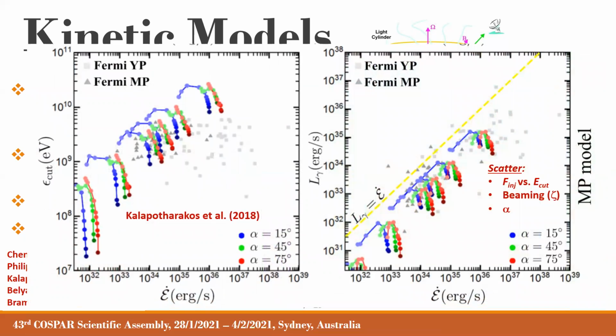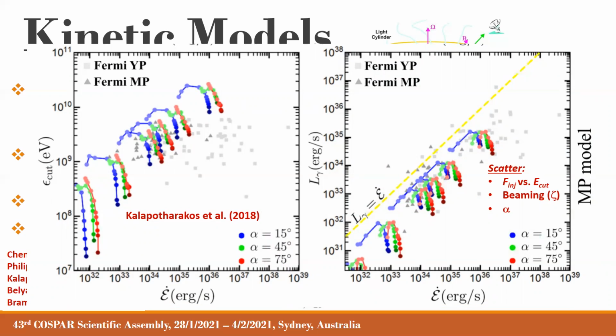This example from Galapagos 2018 shows lots of runs by their kinetic models predicting the cutoff in the GeV spectrum as a function of spin-down, E dot, and there's also different magnetic inclinations, there's different injections of particles, and there's different beaming or zeta values.